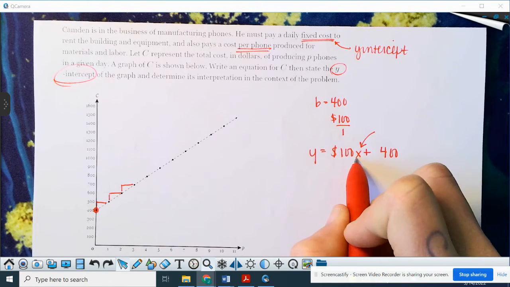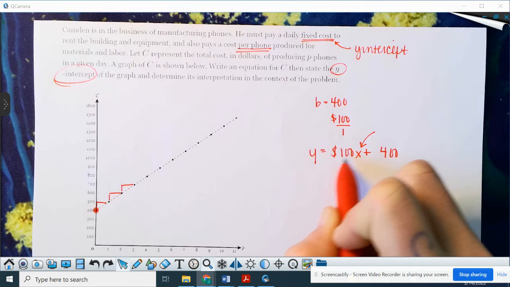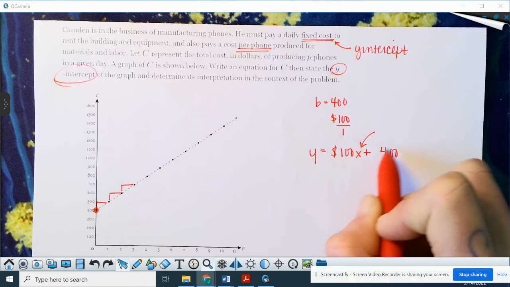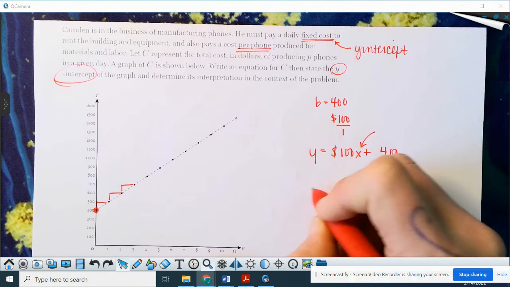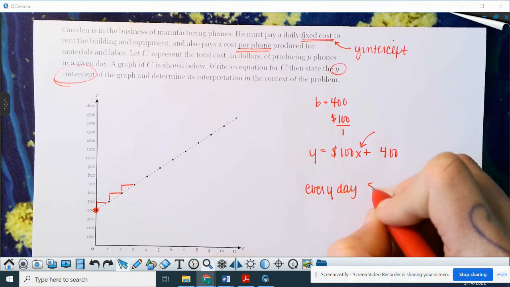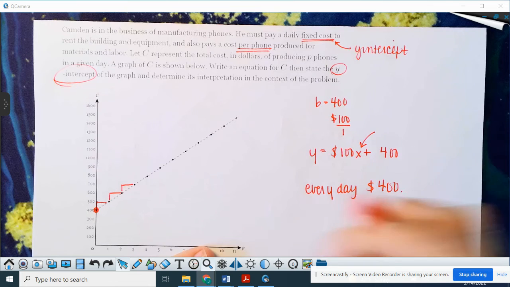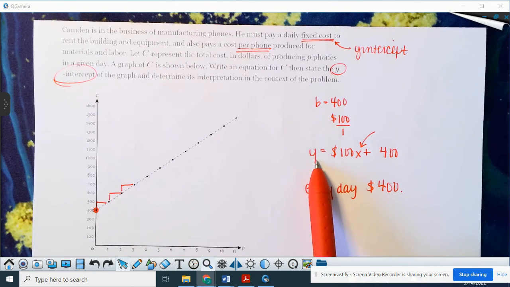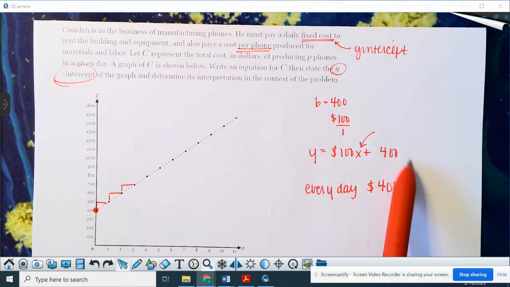Number of phones, this is the cost. Yep, so it's daily fixed cost. So every day, you will pay $400. And then this is going to be the daily cost. So this is going to be 1 day's cost.